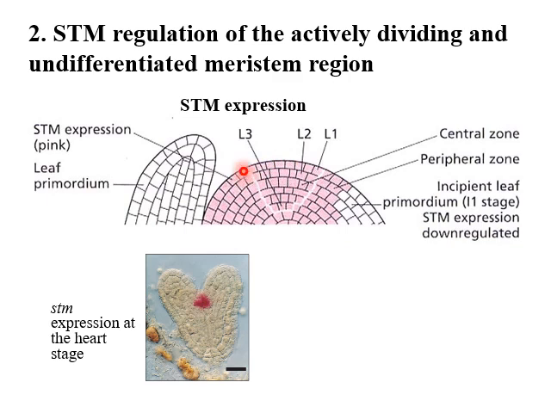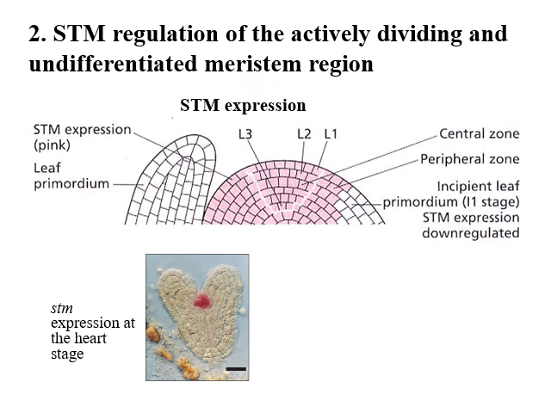But when those cells divide, the daughter cells get pushed out of the central zone. They end up in the peripheral zone of the meristem here, and then STM function kicks in, and it results in a high frequency of cell division in these cells, but also maintains them as undifferentiated meristem cells.